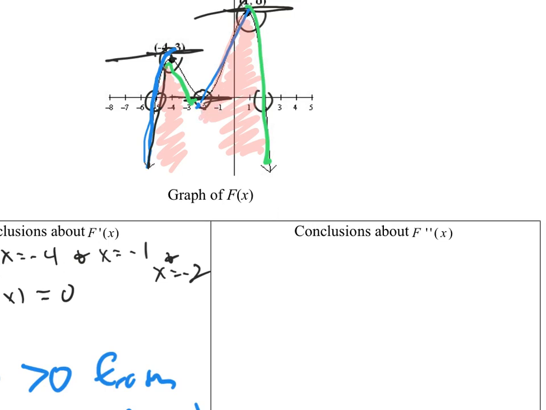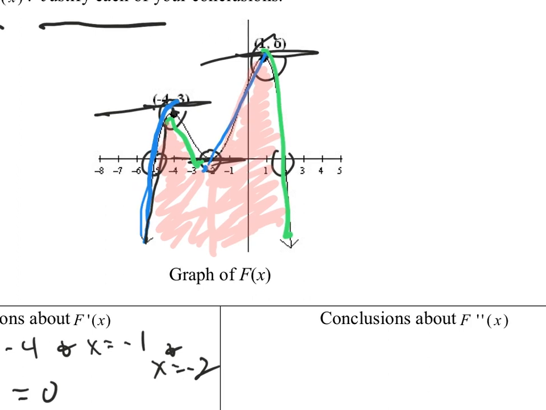Matter of fact, they're side by side. But somewhere in there, there is some concave up here. So somewhere there's a change from concave up to concave down. It can't be concave up and concave down at the same time. So I know that there's probably a point of inflection somewhere in there.